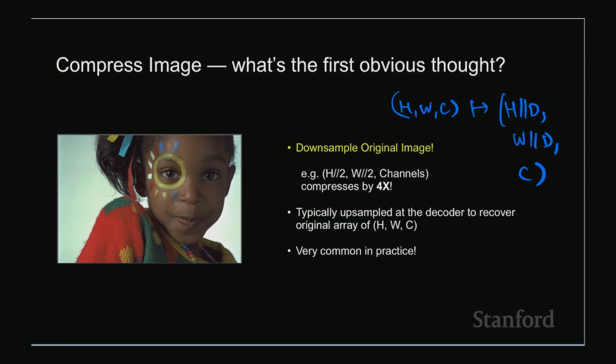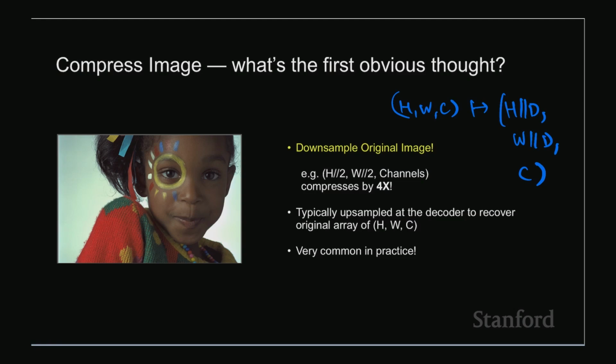I have reduced the number of pixels to 1/4. And then what do you do at the decoder? You need to do the inverse operation. So this is lossy compression, right?